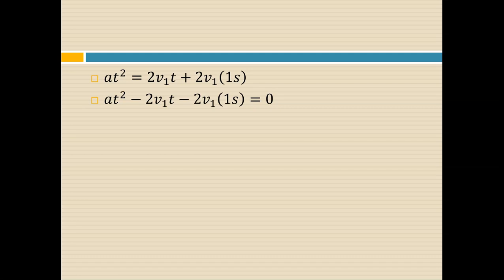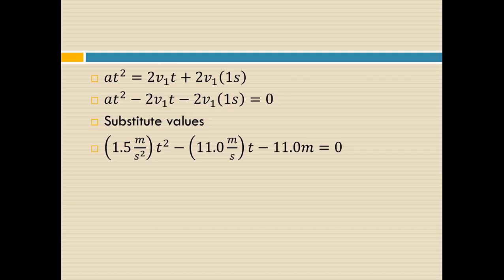Now we do substitute the values, because I need to know those values to get the coefficients a, b, and c to plug into the quadratic formula. So by substituting the values, I get a is 1.5 meters per second squared, b is minus 11 meters per second, and c is minus 11 meters. You see where we're going here now, guys? We now have it in the form that we can solve by using the quadratic formula.